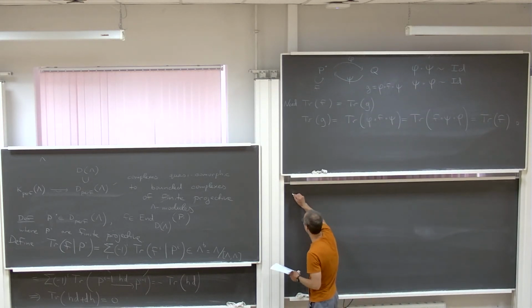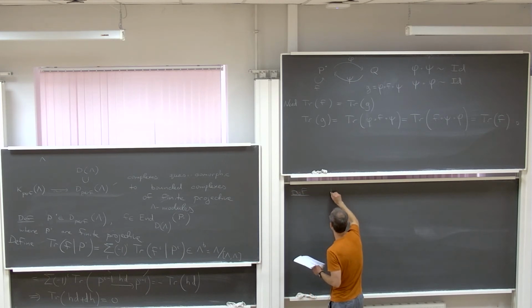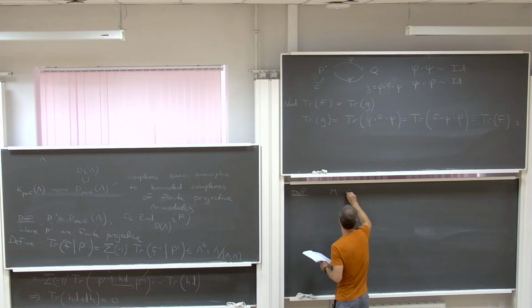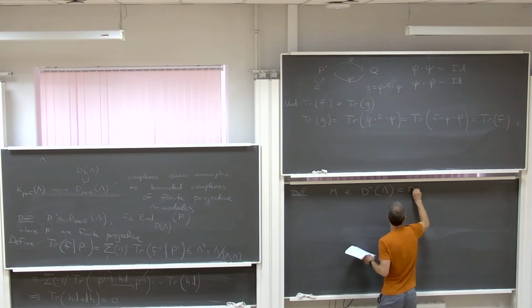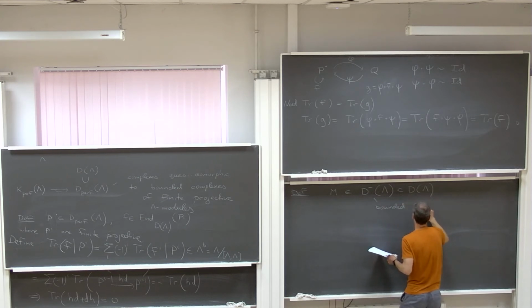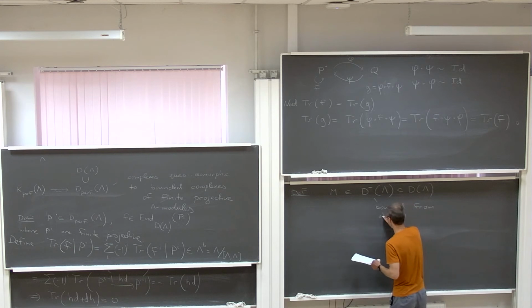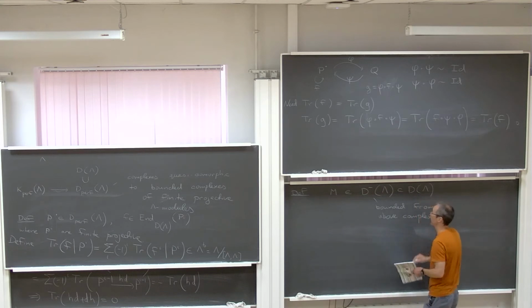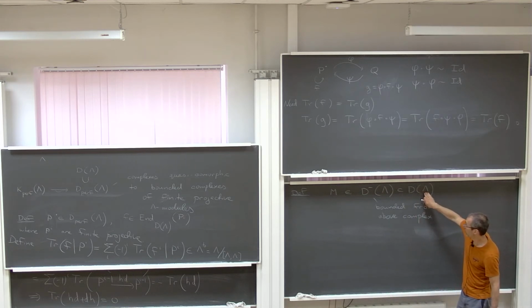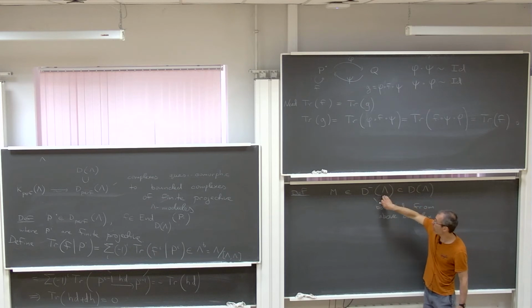So let's first make a definition. So let's say that a complex M, so this is the full subcategory of bounded from above complexes, consisting of complexes of lambda modules such that the homology of this complex vanishes in sufficiently high degrees.